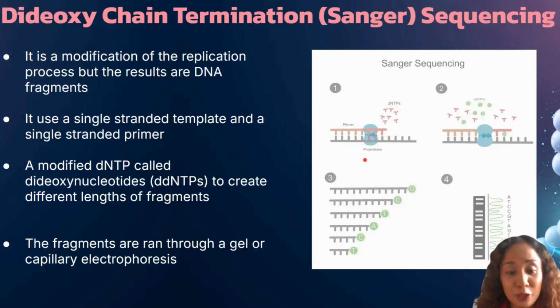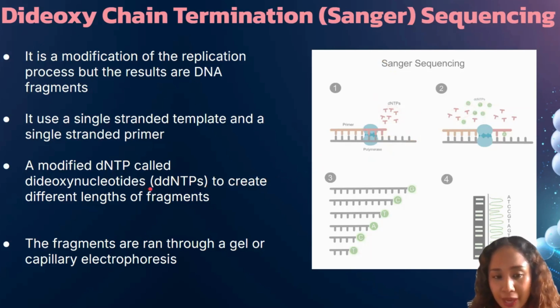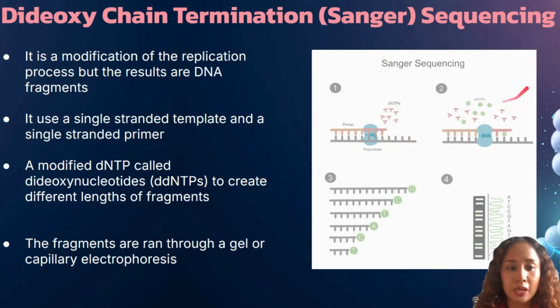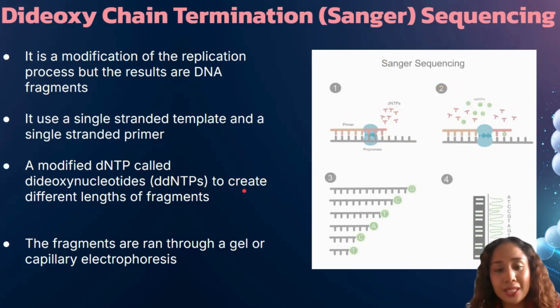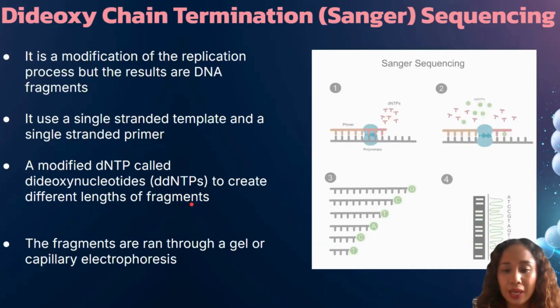However, now we have new players called ddNTPs. What they do is create different lengths of fragments. Your dNTPs create new strands; your ddNTPs create fragments. This is the picture in number 3.